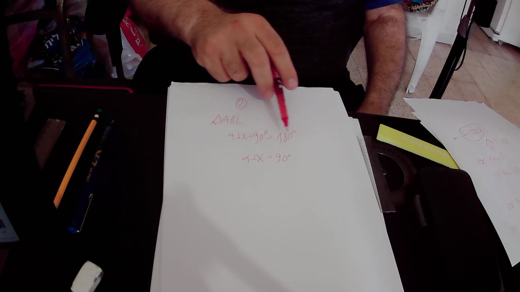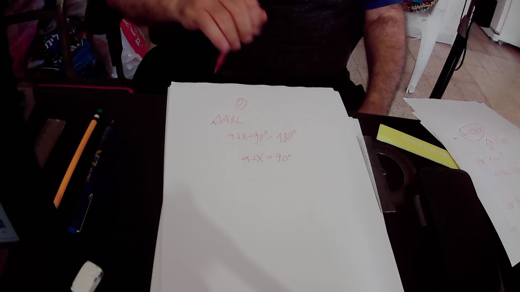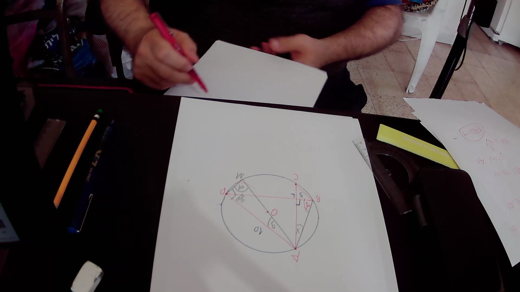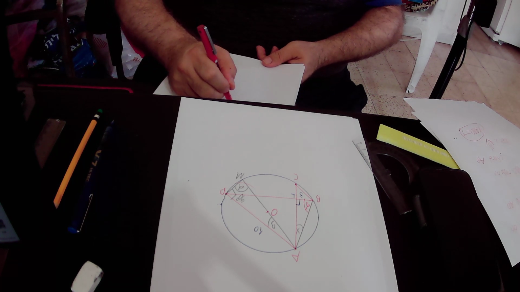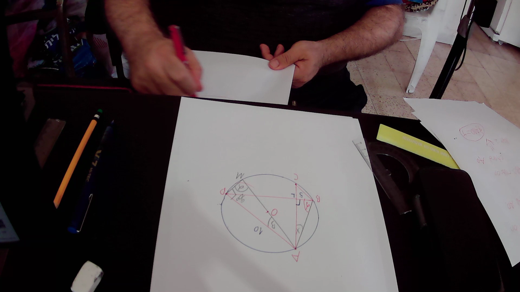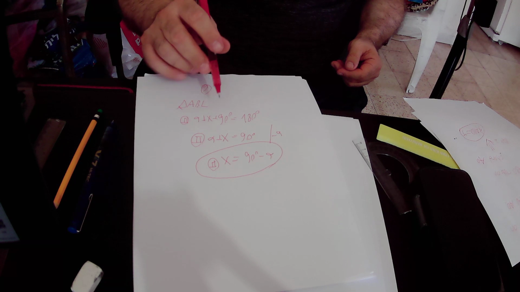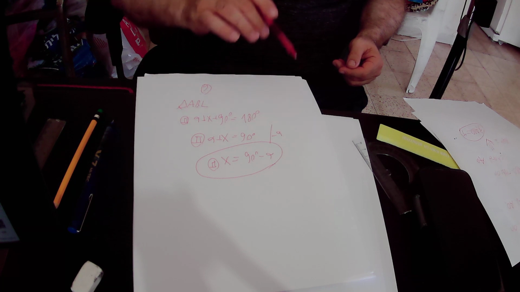Now we will subtract alpha from both sides of the equation. We get that angle x equals 90 degrees minus alpha.